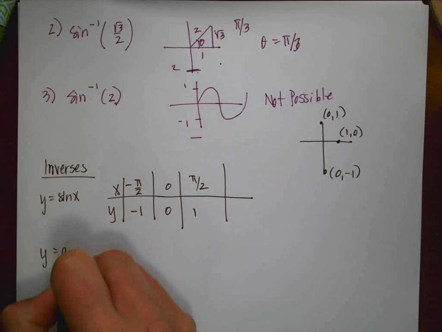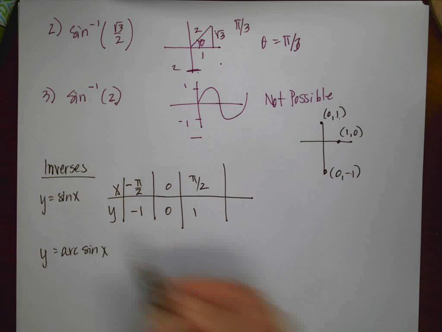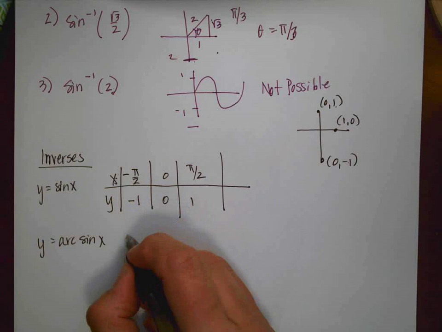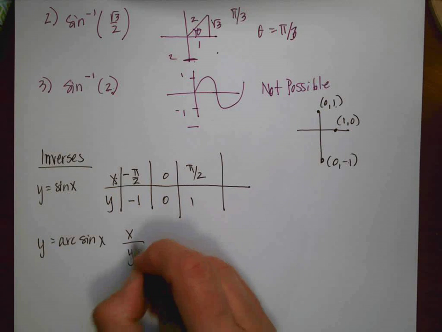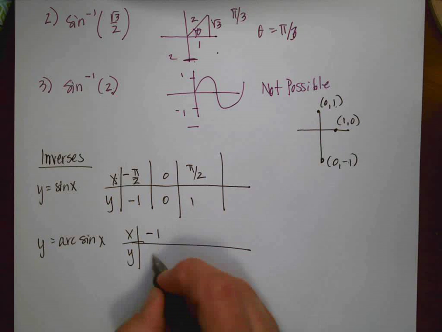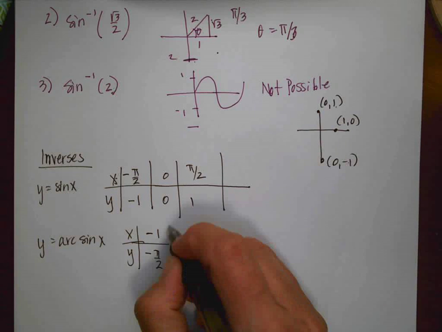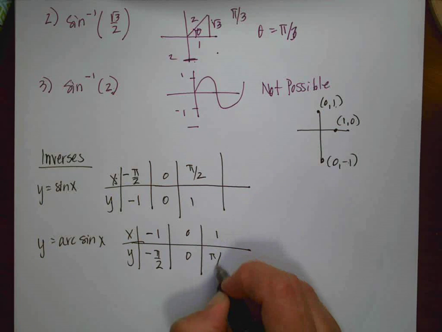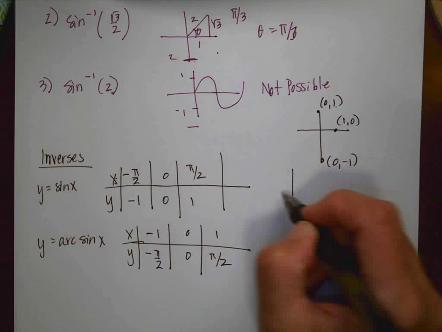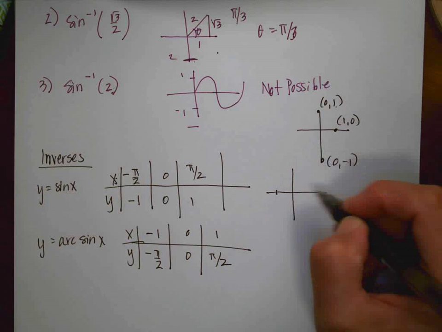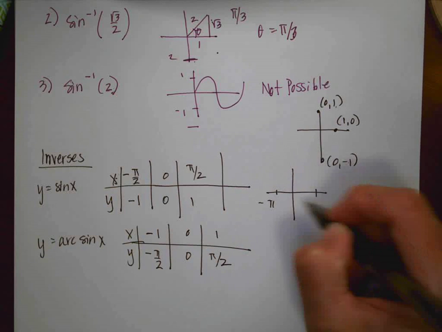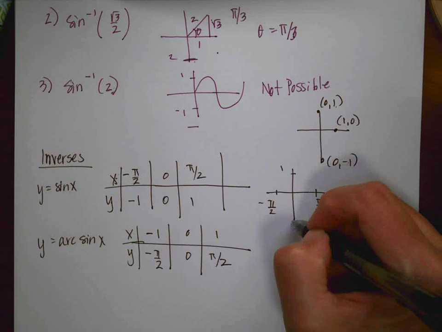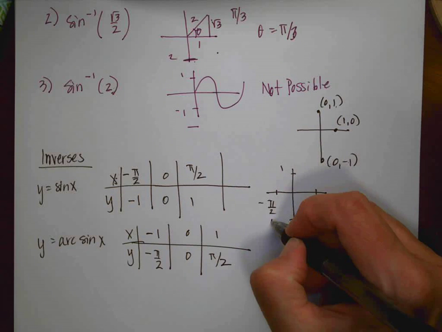Well, remember with inverses, so if I do the arc sine of x, when I do inverses, I flip-flop these coordinates. So then my x and y would be switched, so I would have a negative 1 and a negative pi over 2. The zeros would stay the same, and then this would be 1 and pi over 2. So if we think about the graph from a negative pi over 2 to pi over 2 for sine, it oscillates between 1 and a negative 1.